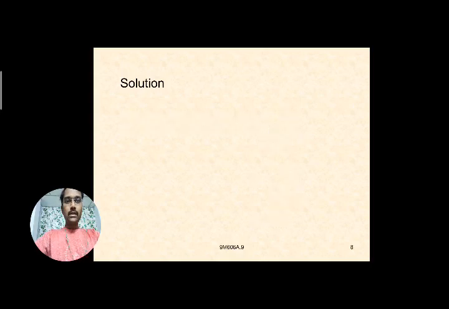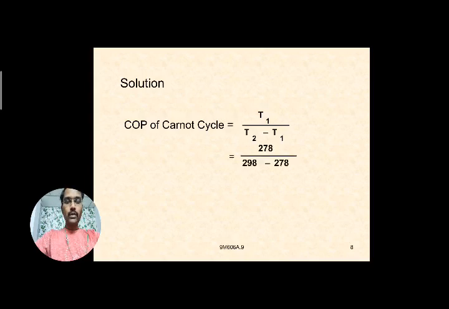Next, we have to compare the same value with the Carnot refrigeration cycle. The COP formula for the Carnot cycle is equal to T1 by T2 minus T1. We know the temperature values given in the data, T1 and T2. In terms of Kelvin, we write T1 as 278 and the T2 value is 298.